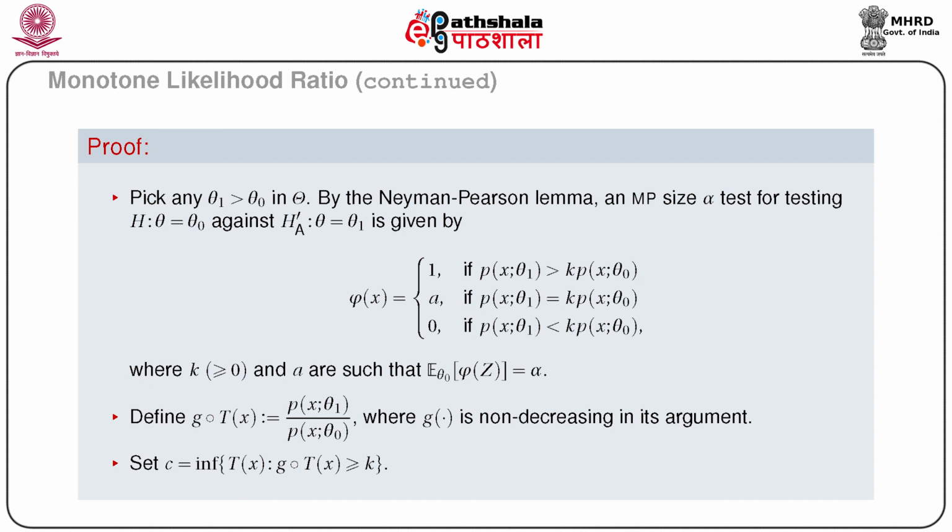Let us write R(x) equals p_X(theta 1) divided by p_X(theta naught), which is a function of T(x). We write this as g(T(x)), where g(T(x)) is a non-decreasing function of T(x). This is because the family p_X(theta) has an MLR in T(x). Now, let us set c equals the infimum of T(x) such that g(T(x)) is greater than or equal to k.